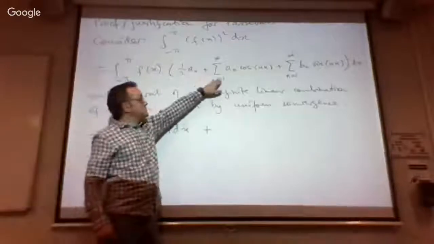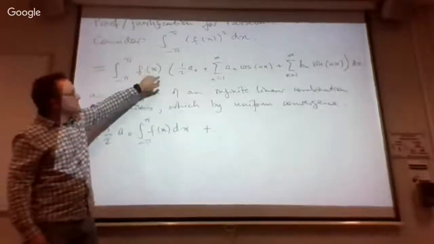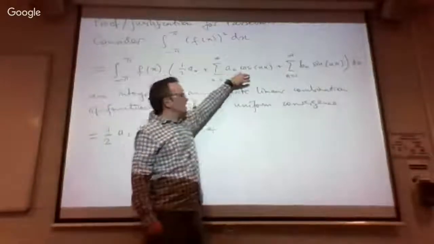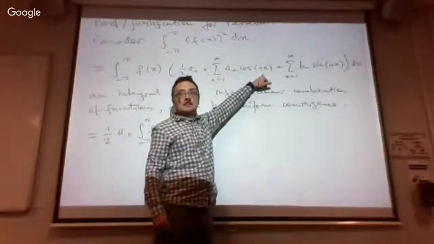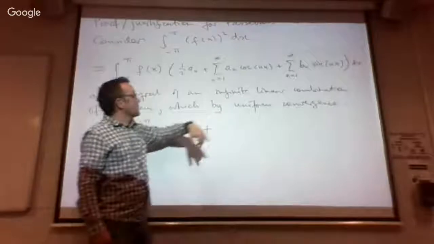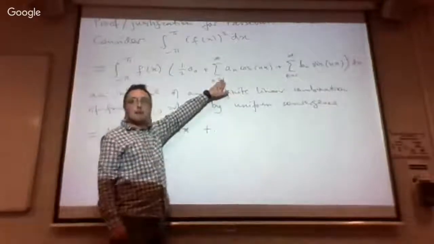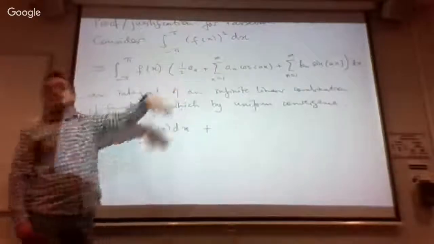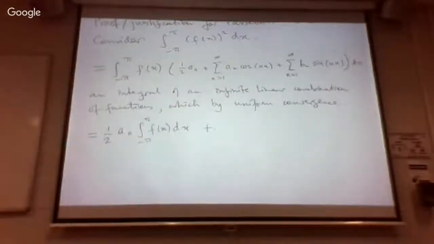Now the f of x doesn't depend on the summation index n, so the f of x can be multiplied in and multiply the summand of the sum. Then we've got the integral of an infinite sum. I can use the uniform convergence to say that's the infinite sum of the integrals.